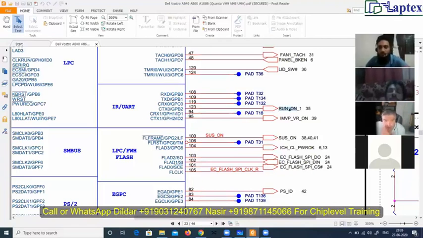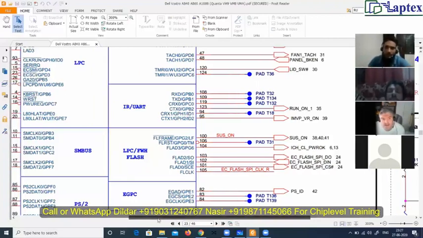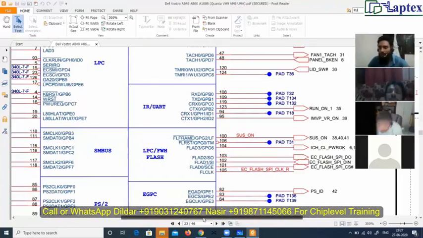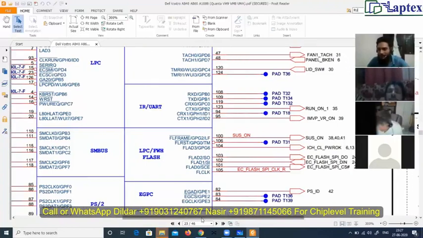One question, Dildar. Here on the left side, pins 100 to 105, what is this LPC? It's a low pin count. The same pins can be used for different purposes.